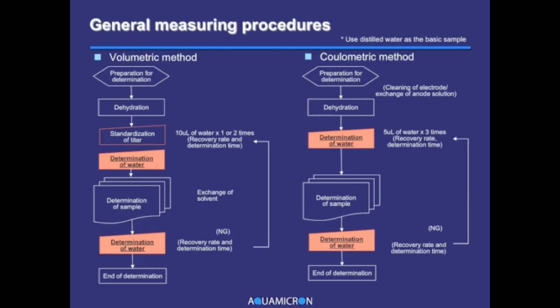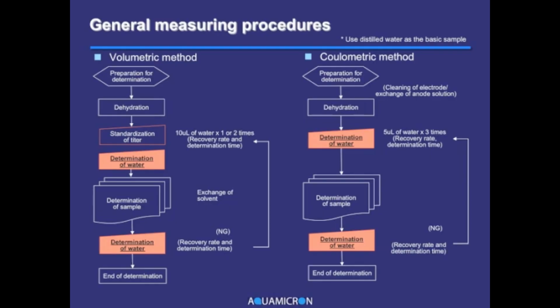Next, I will explain the operation procedures. The ordinary procedures of both kinds of titration are illustrated in this slide, and I would like to point out the importance of these orange-colored calibrations with distilled water before and after the sample measurements to confirm the reliability of such measurements.